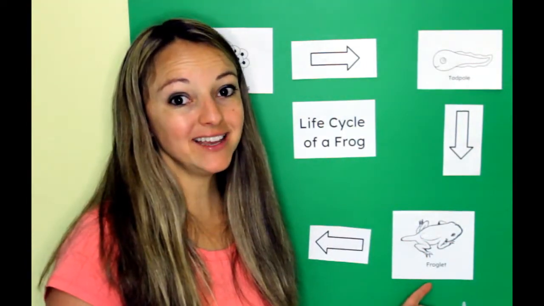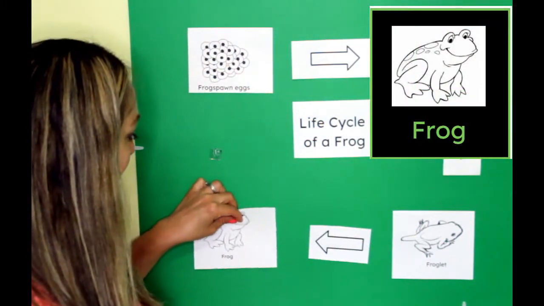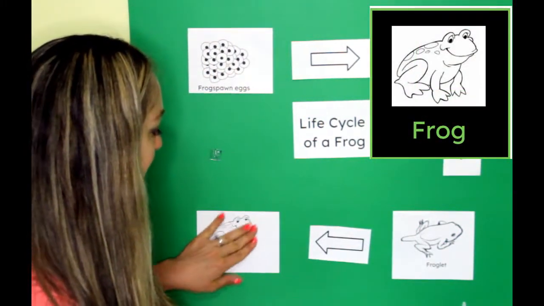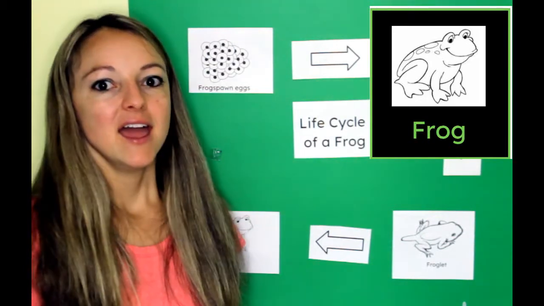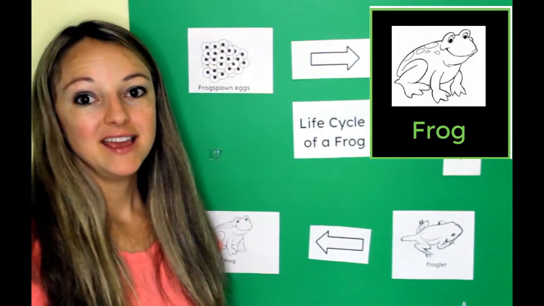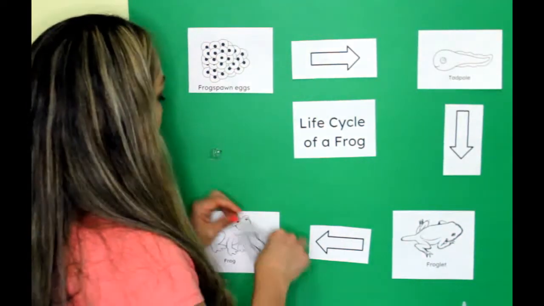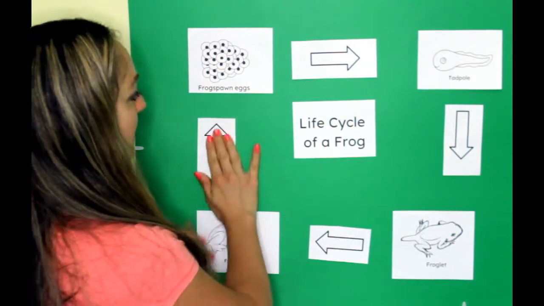After it's a froglet, it becomes a frog. And then it starts all over again and the mommy frog lays more eggs. And it starts back at the beginning.